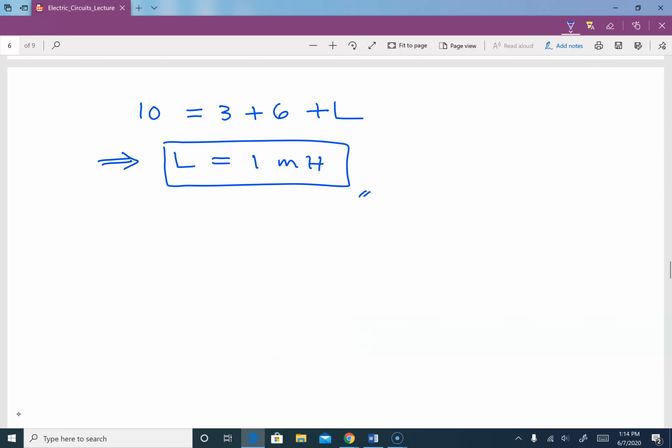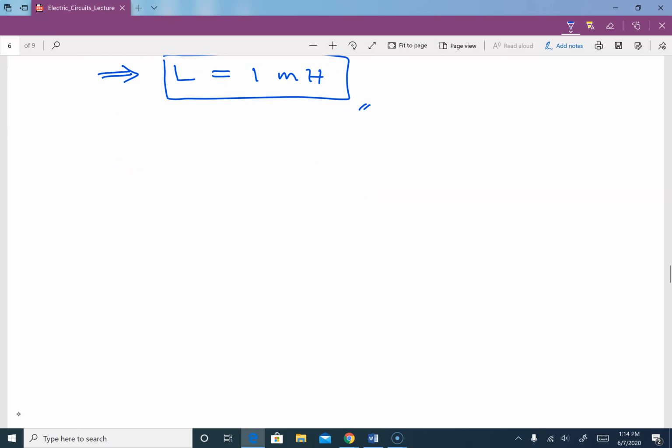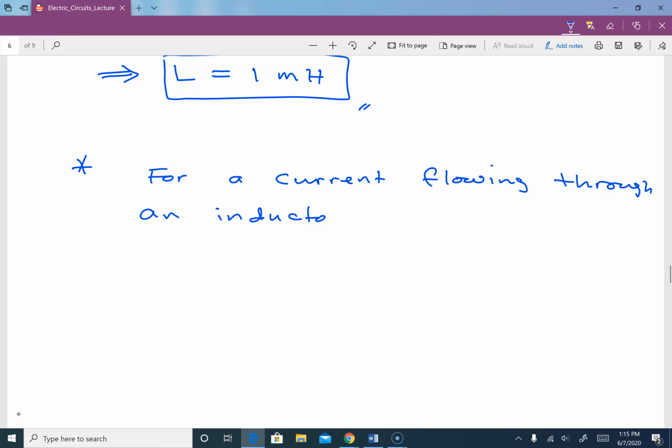By this, the lecture is over. So I would like you to pay attention to the following. A current flowing through an inductor cannot change abruptly.